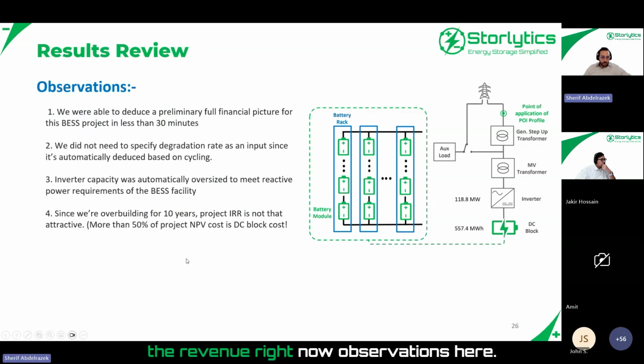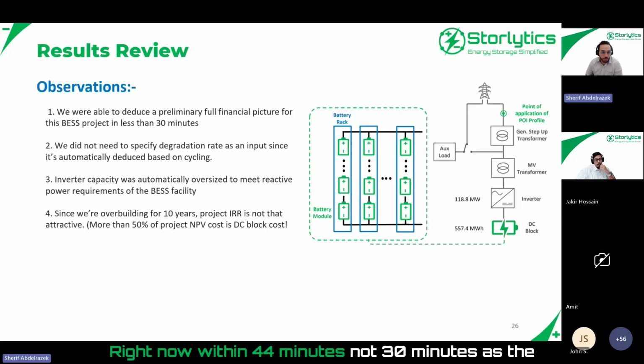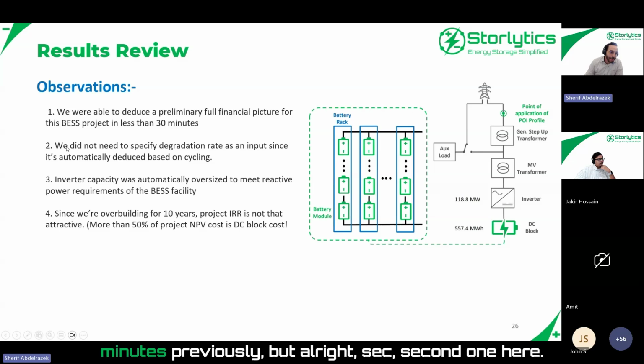Now, observations. We're able to deduce the preliminary financial estimate for this project right now within 44 minutes, not 30 minutes as the slide's saying. We've been able to do that in less than 30 minutes previously.